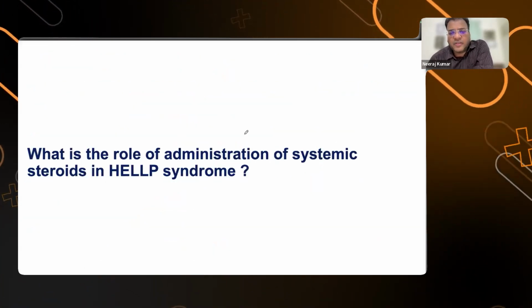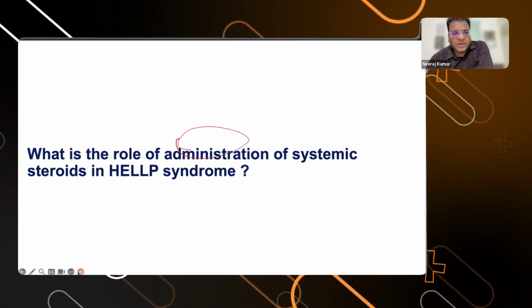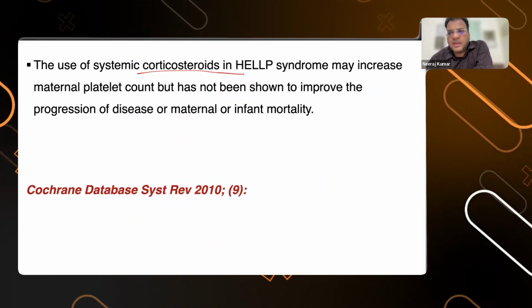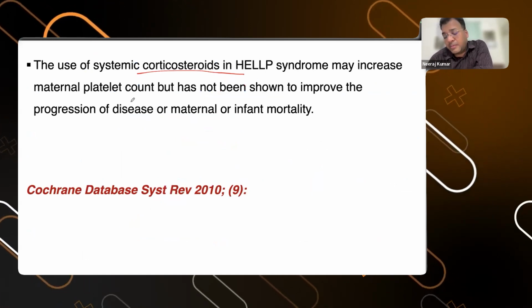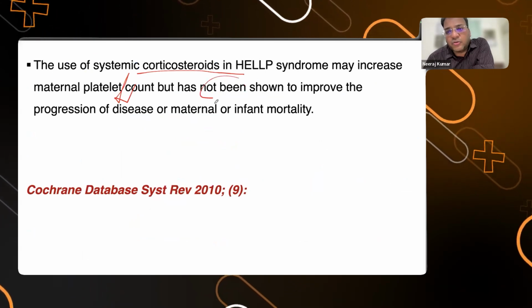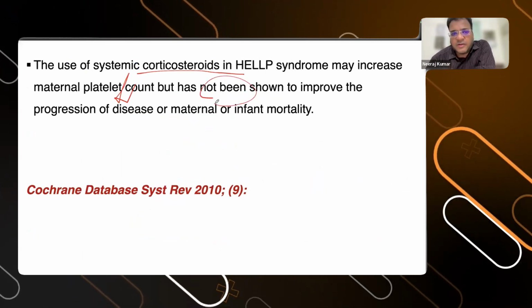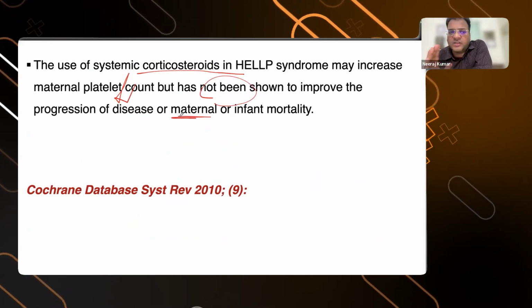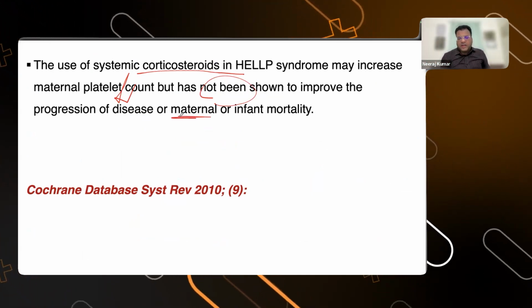Now, any role of systemic steroids in HELLP syndrome? The use of systemic corticosteroid in HELLP syndrome may increase the maternal platelet count, but it has not been shown to improve infant mortality or maternal mortality. So it doesn't improve the progression of the disease. If the disease is progressing, it will progress.